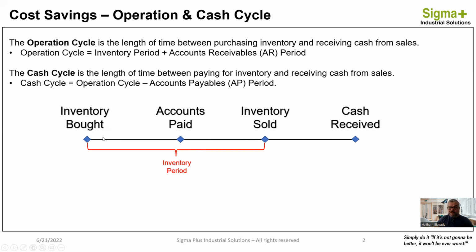So the inventory period starts from the time of buying the inventory until we have delivered all the products and the services to the customer. After that comes the period where we get the payment collection from the customer, and this is what is known as the accounts receivable period.